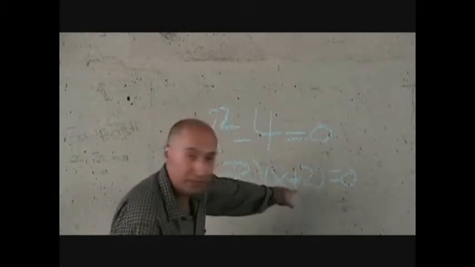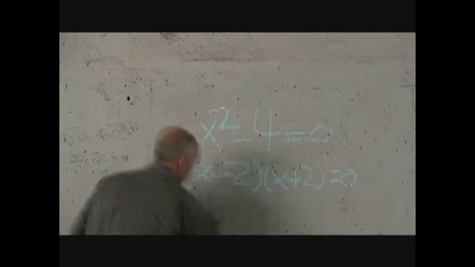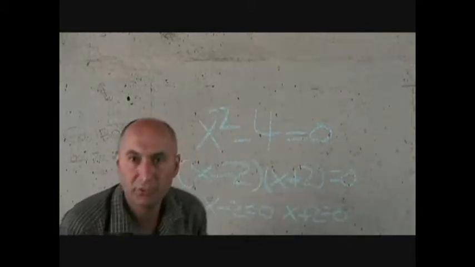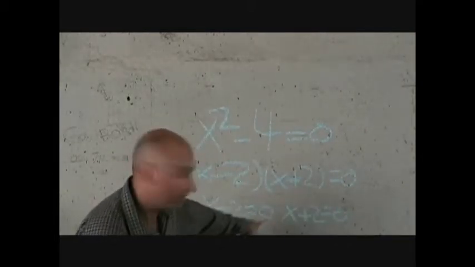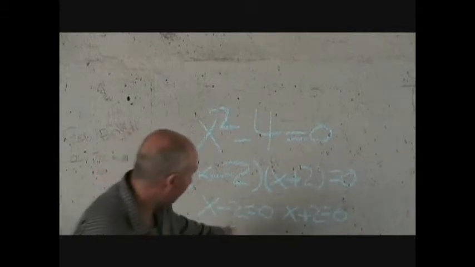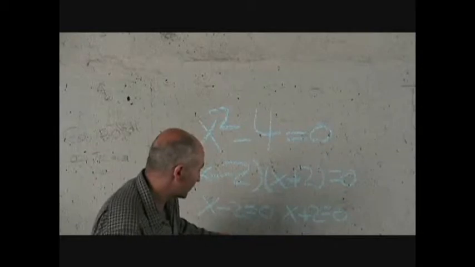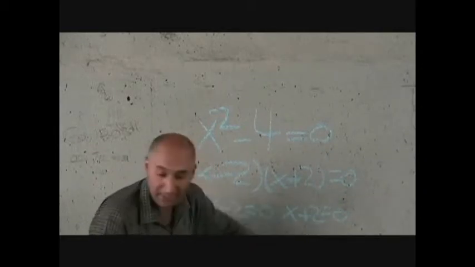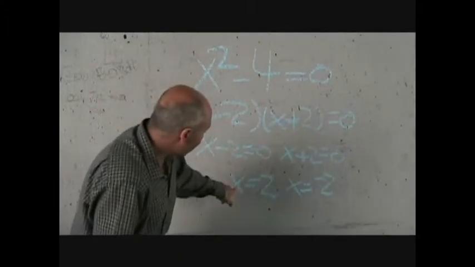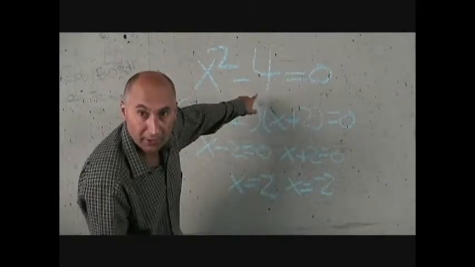And we set each one equal to 0. So we have x minus 2 is equal to 0 and x plus 2 is equal to 0. And all you do is grab this, bring it over, grab that, bring it over. So all we're going to have is x equals 2 and x equals negative 2. So that's going to be your answer to this question, okay?